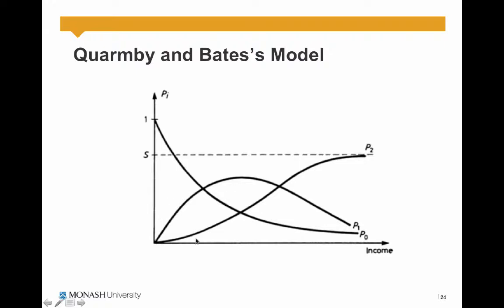Now, the probability of having two or more cars has a very clear pattern: as the income of the household increases, the probability of having two or more cars increases. But there is a cap, represented by that constant s, which puts a cap on the probability of owning two or more cars. But where does this s come from? It could come from the percentage of the population in your sample that actually have two or more cars.